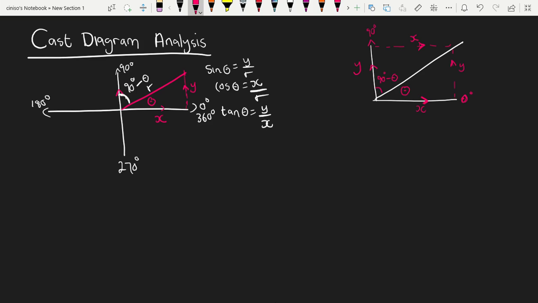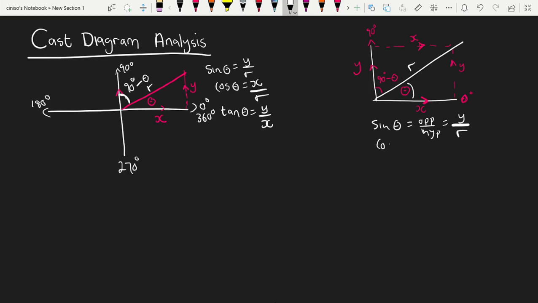Okay, so now we want to identify a trig ratio with respect to sine of 90 degrees minus theta. Remember, your sine of theta is what? Opposite over hypotenuse, which in this case, opposite is y over, what's your hypotenuse? It's r. With respect to this theta here, we're doing it with respect to theta.